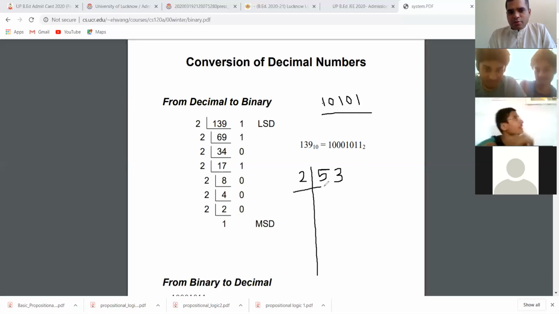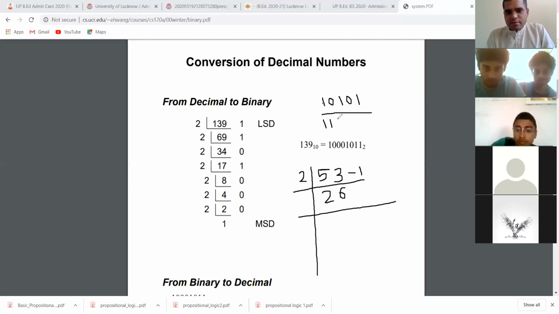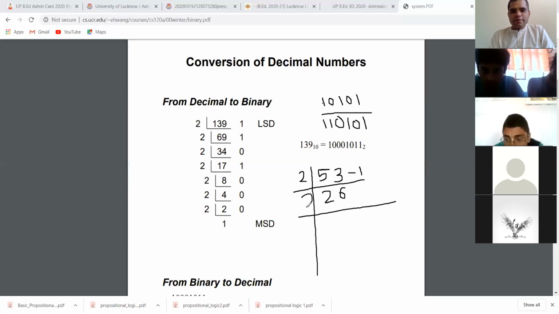So you divide by 2, you will get remainder 1, and it will go 26 times. Then you again divide it by 2, you will get remainder 0, and below you will get 13.